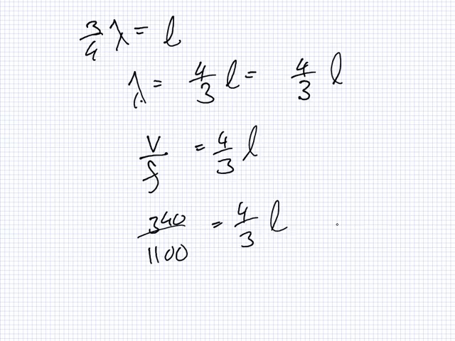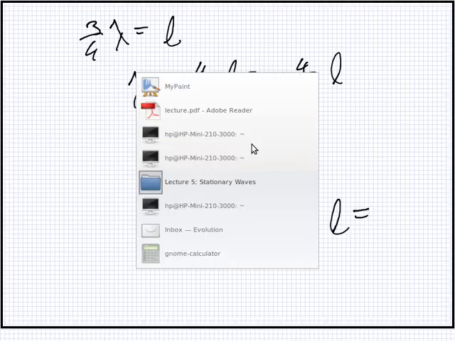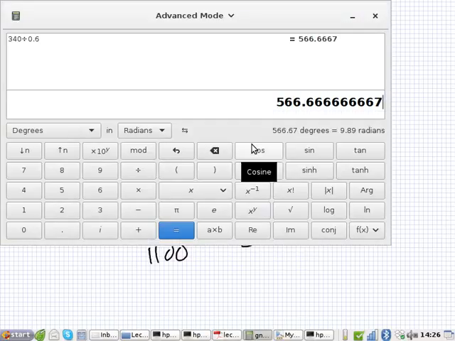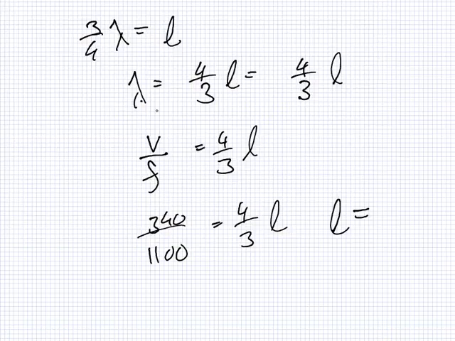Is this what you did? Lambda is 3/4 of that number. But then didn't you say that lambda, it's a full lambda in the formula, or is it? No, I just rearranged it. This is what I said, isn't it? True or false? 3/4 of the wavelength is the length of the pipe. 3/4 of the wave is in the pipe.